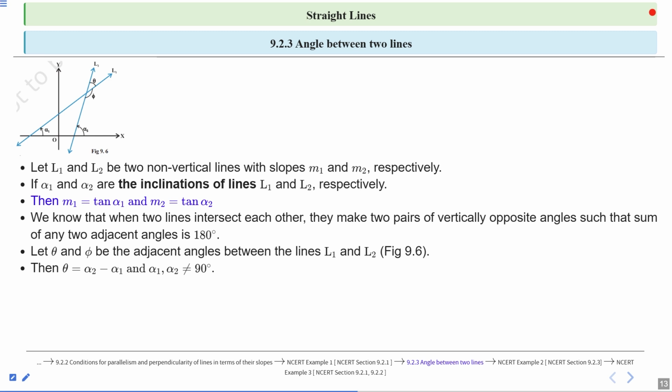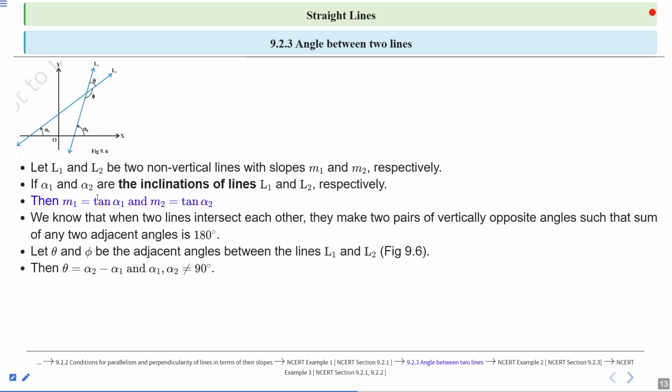So theta is basically alpha 2 minus alpha 1, where alpha 1 and alpha 2 are not equal to 90 degrees. Why? Because if alpha 1 or alpha 2 is 90 degrees, then in that case tangent of alpha 1 or tangent of alpha 2 is not defined.